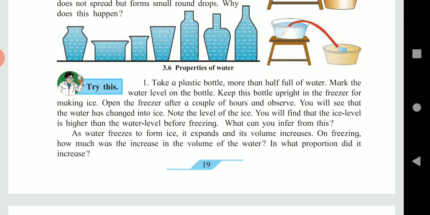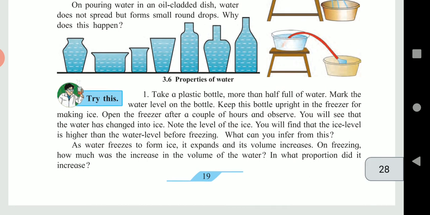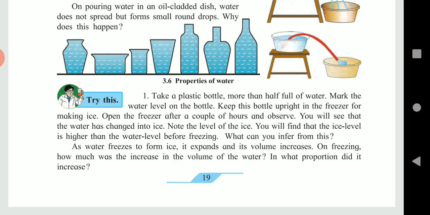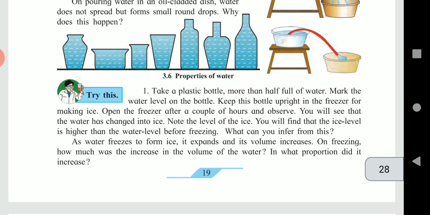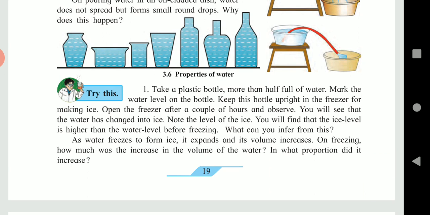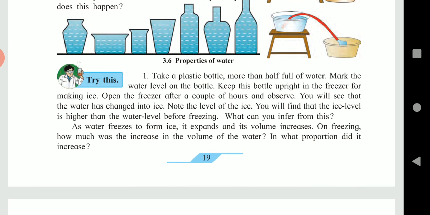When we pour water into the plastic bottle, that height we mark, and after it freezes, if we see the difference between those two heights, the water height has increased after freezing. If the height of water is considered 10 centimeter, then after freezing the height of water is 10.9 centimeter.